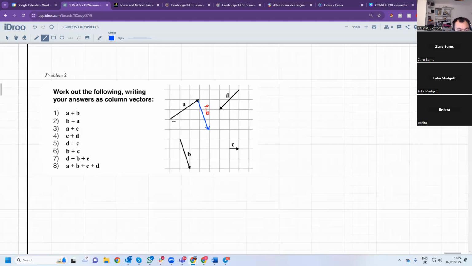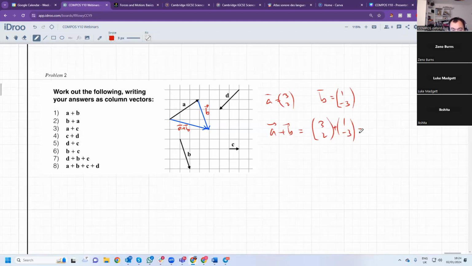And this is going to be vector A plus B. So as I can see, A is (3, 2), and B is (1, -3), then A plus B must be (3, 2) plus (1, -3). That makes it (4, -1). And indeed, it's 4 and minus 1.